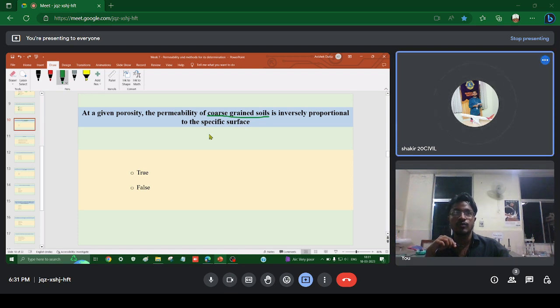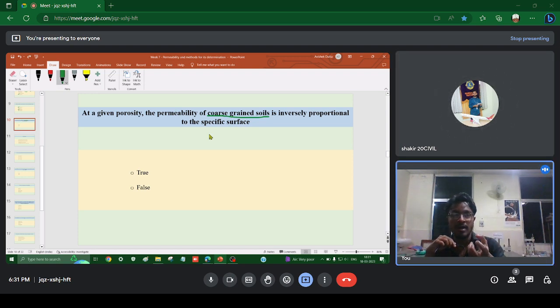Because if you take a certain mass of fine grained and coarse grained soil, the fine grained soil will have more number of particles, so it will have more specific surface. And coarse grained soils have more permeability, isn't it? Sand is more permeable than clay. So inversely proportional means permeability will definitely increase with a decrease in specific surface.